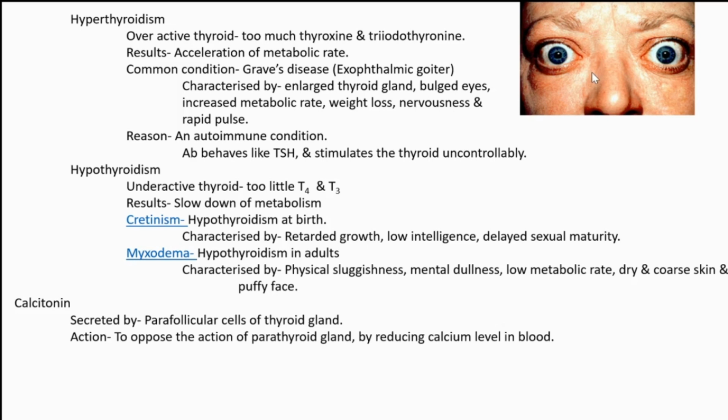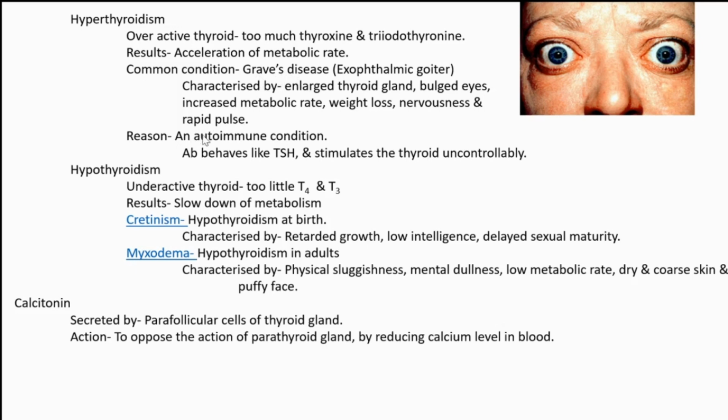You may see this type of people in your vicinity, characterized by an enlarged thyroid gland. Here also the thyroid gland is enlarged. Bulging eyes, increased metabolic rate, weight loss, nervousness, and rapid pulse are all symptoms of Graves' disease.